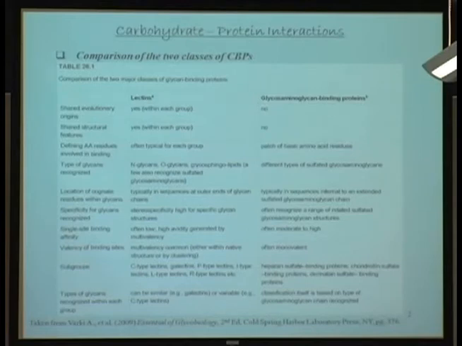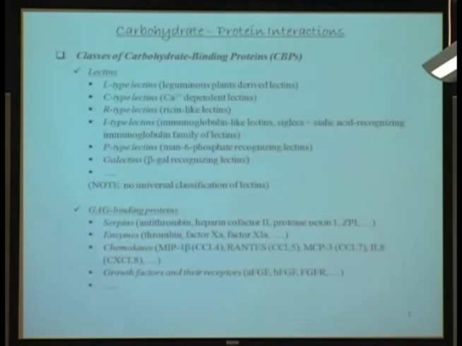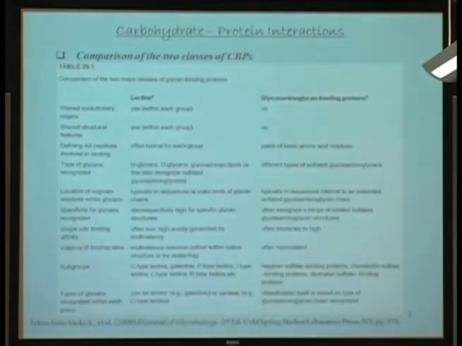So the last terminal residue is the one that is typically recognized. Here, the sequence is actually more than just a single residue for the most part. You can have as long as a pentasaccharide, as we saw yesterday. But what I'm going to show you in a short while is that even longer chains may be recognized. The binding sites are really long.